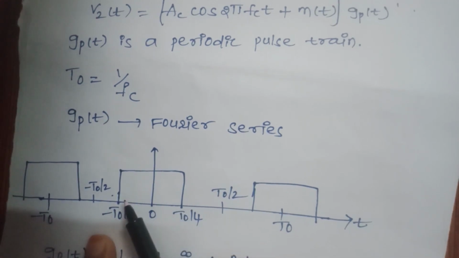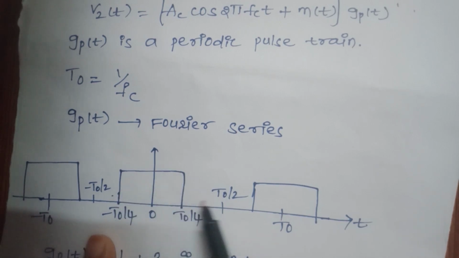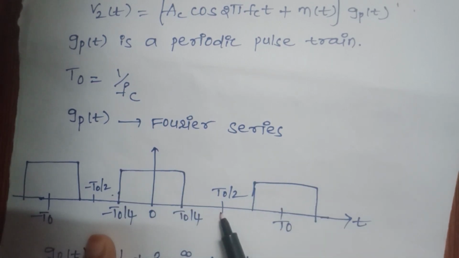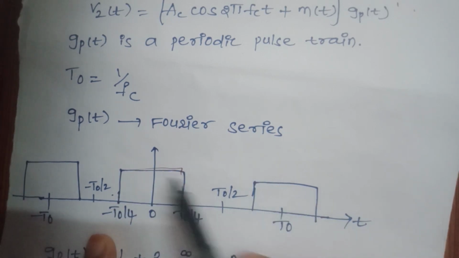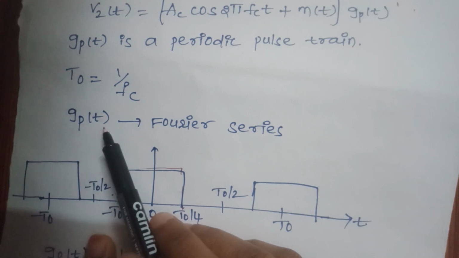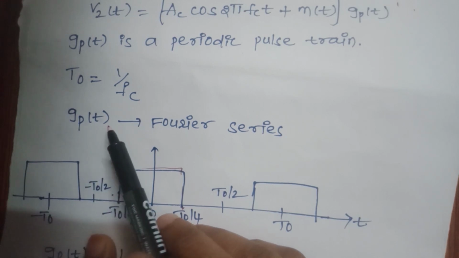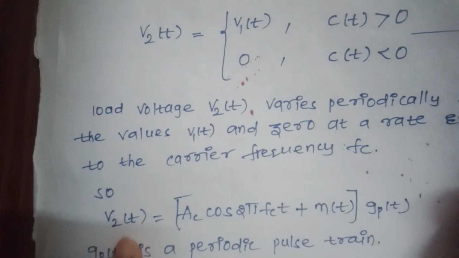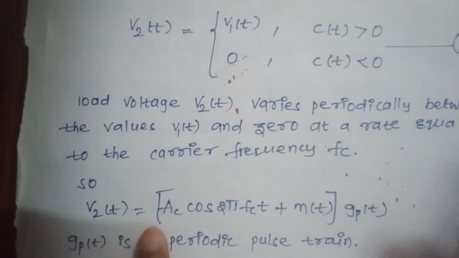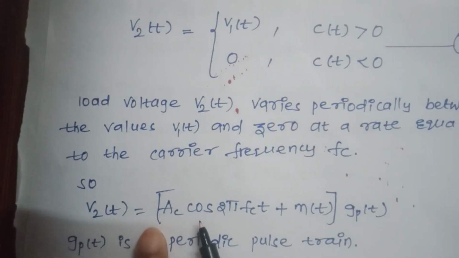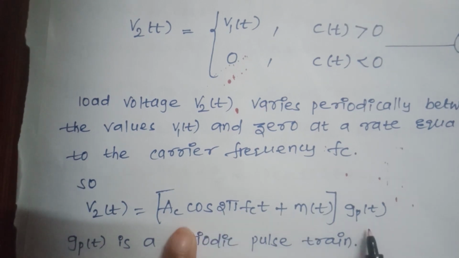This periodic pulse is repeated with the carrier frequency fc, so T0 equals 1 by fc. This periodic pulse we can call the gate function, represented by gp(t). Then v2(t) equals v1(t) into gp(t), the diode output.